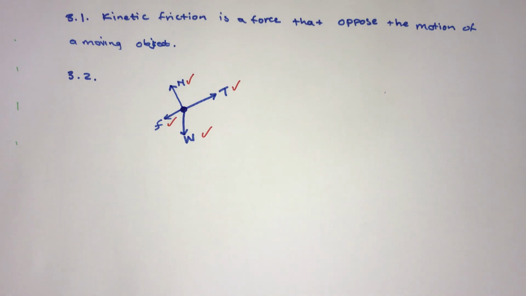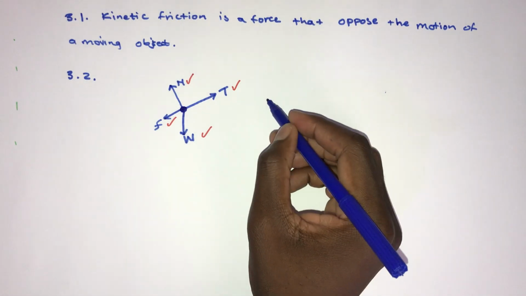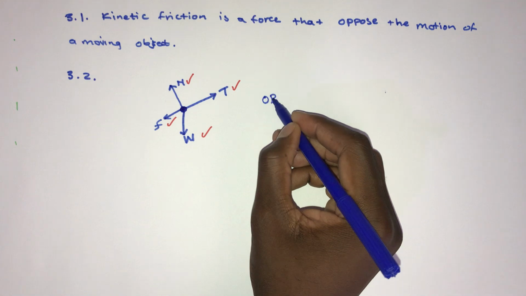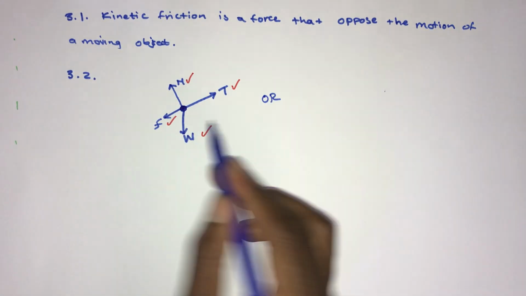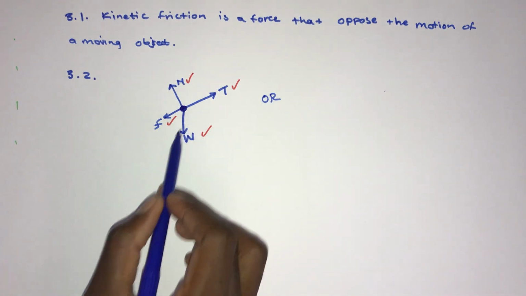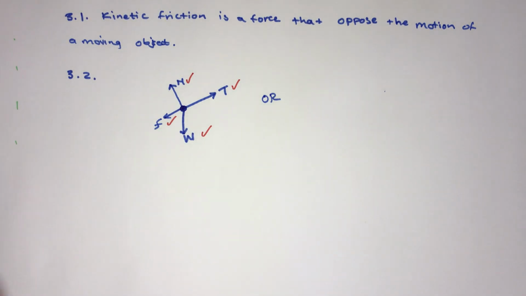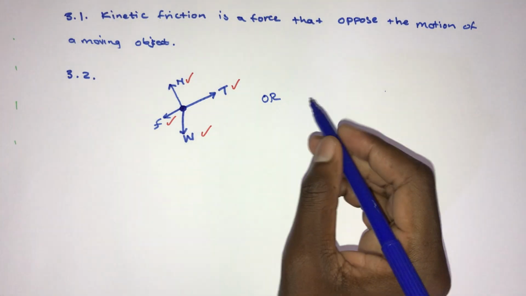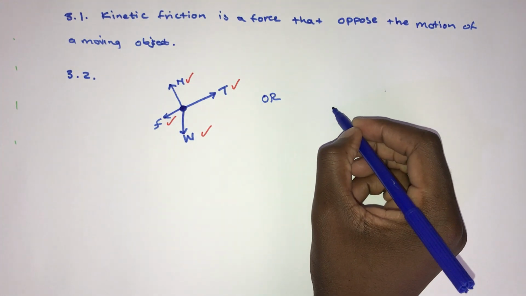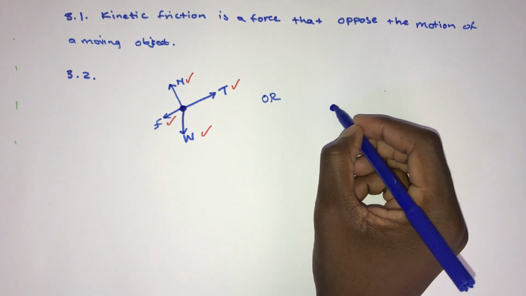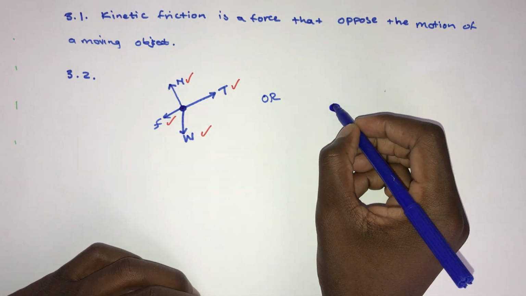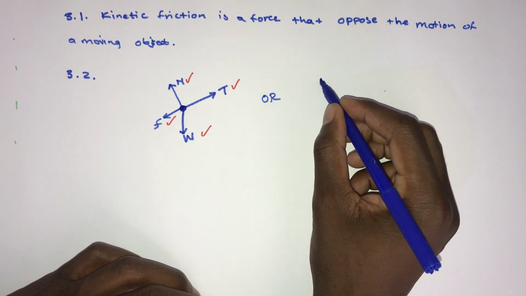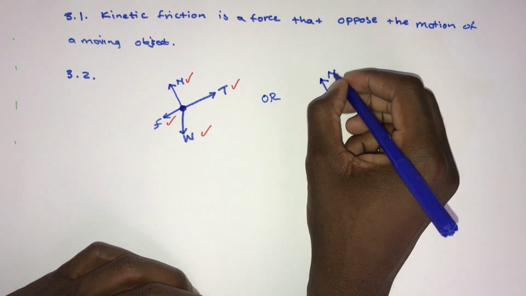Or you can draw like this. Sometimes we accept. It's either you draw this one or you show the components of this weight, because the object is not on a horizontal surface. That means you can show the free body diagram like this. Normal force perpendicular to the surface, this is the normal force.